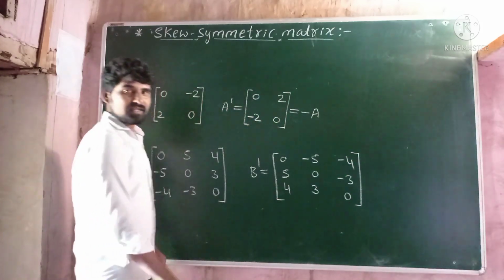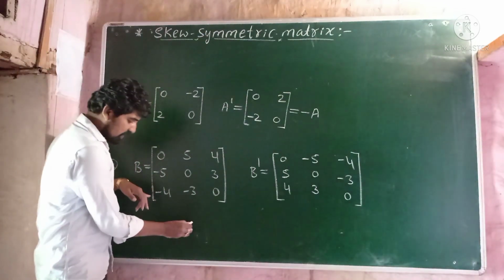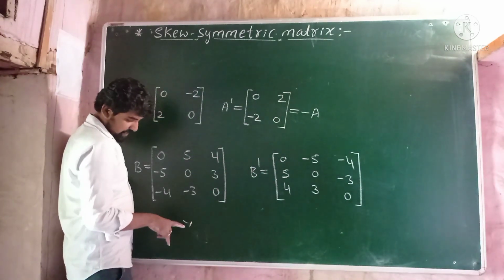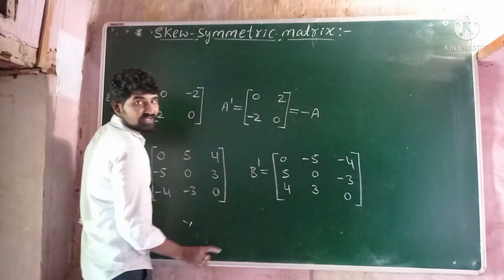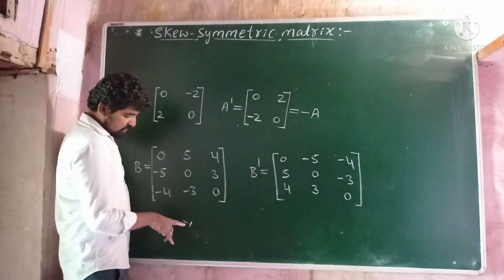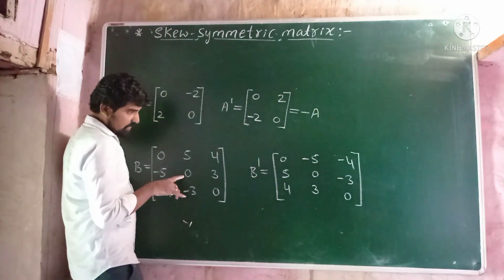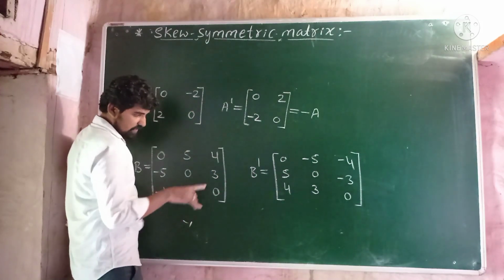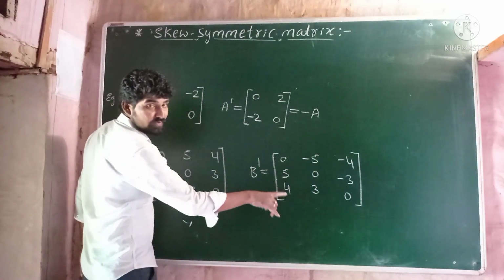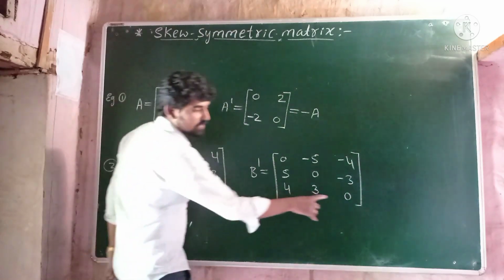Now you may observe here, if I multiply this B matrix with -1, what happens? -1 into 0 is 0, -1 into 5 is -5, -1 into 4 is -4, -1 into -5, minus into minus plus, is 5, -1 into 0 is 0, -1 into 3 is -3, -1 into -4 is +4, -1 into -3 is +3, -1 into 0 is 0.